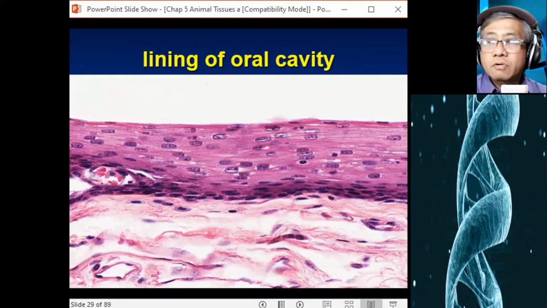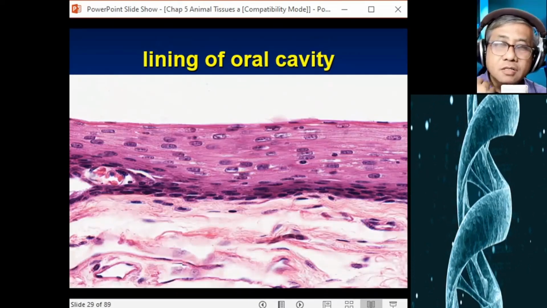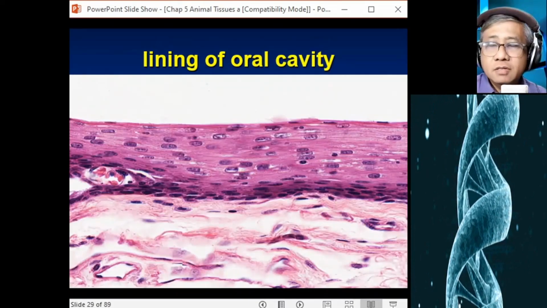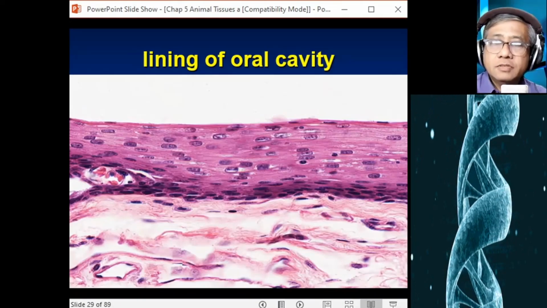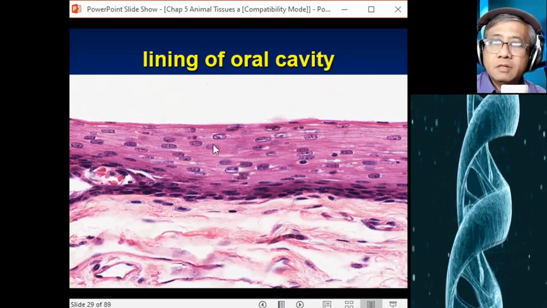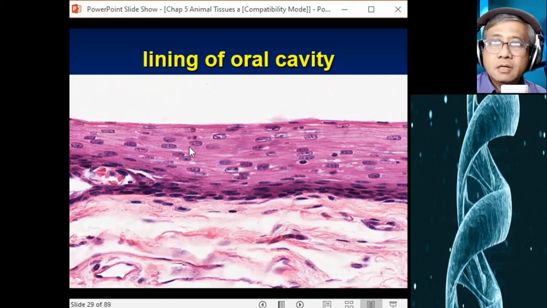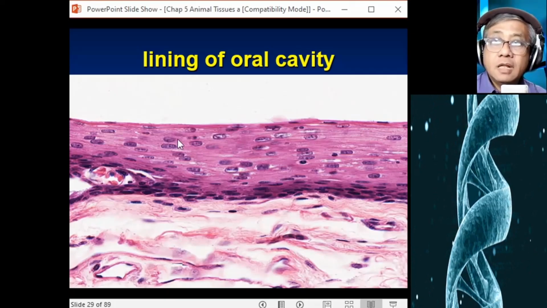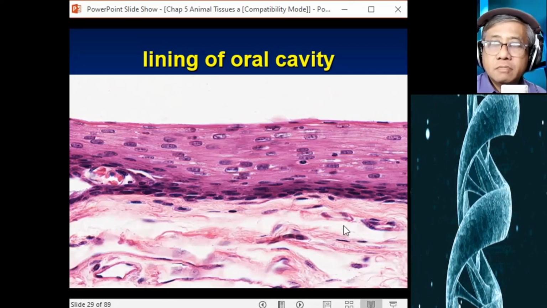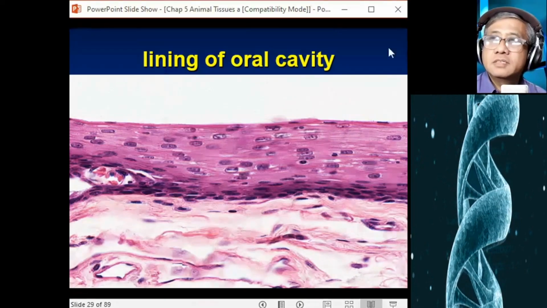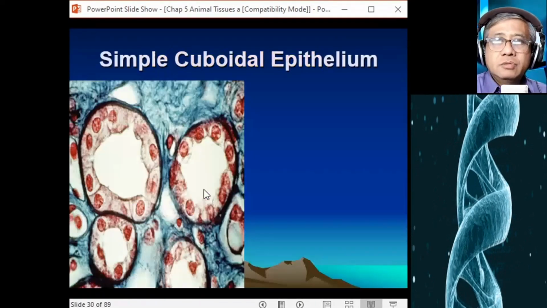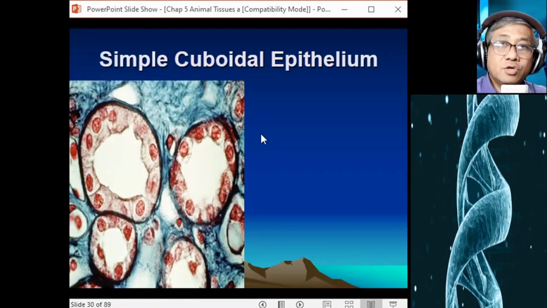And also the inner lining of our cheek dito sa oral cavity is also made up of stratified squamous epithelium. As you could see here, under the microscope, the lining of the oral cavity is made up of several layers of cells.